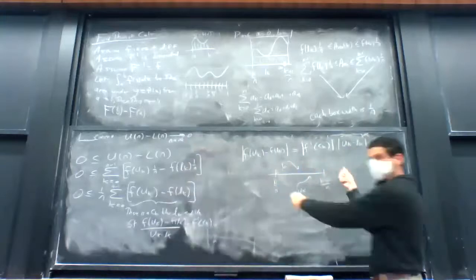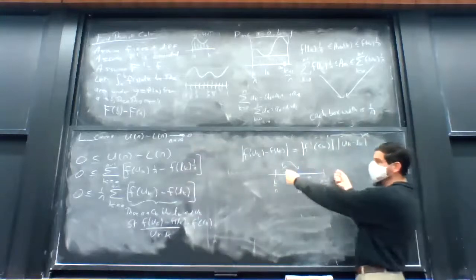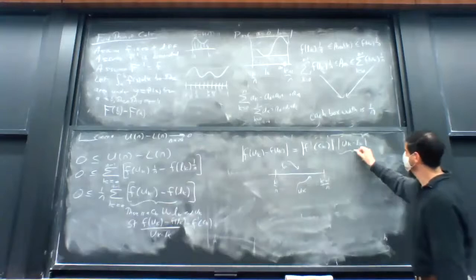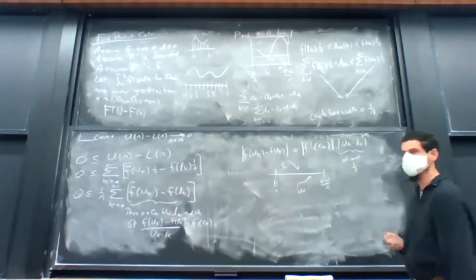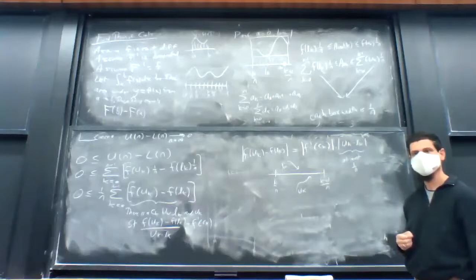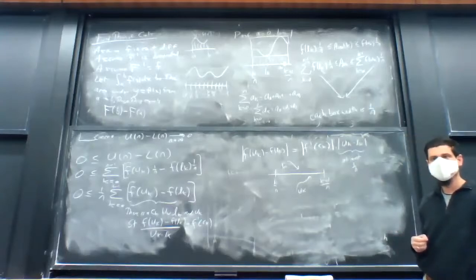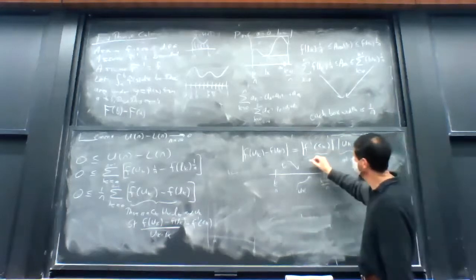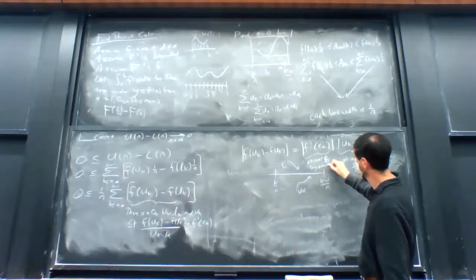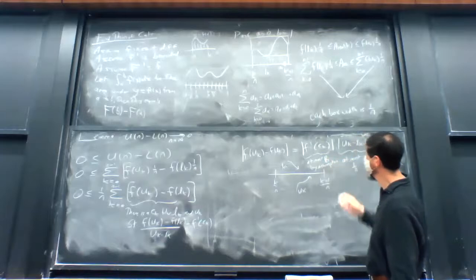Yeah, k over n and k plus 1 over n. So the maximum distance is at most 1 over n. The largest separation we can have between uk and lk is 1 over n. What about f prime of ck? We're assuming this is at most big B by assumption. We're assuming the first derivative is bounded.